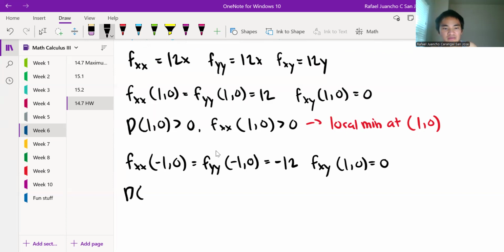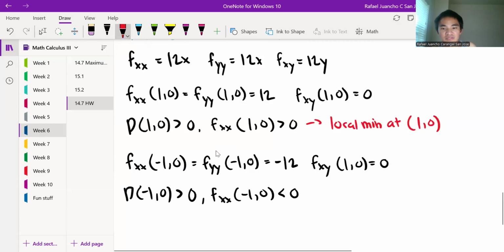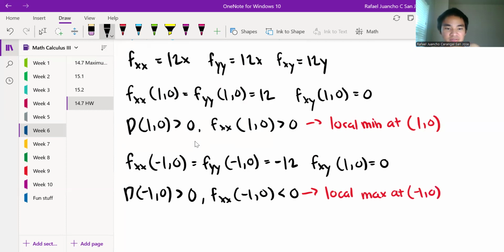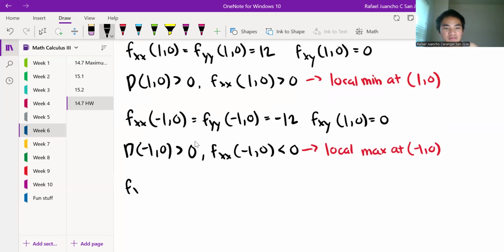So if I do my second derivative test, well, this is greater than 0, right? Because negative 12 times negative 12 is, again, 144 minus 0, so that's greater than 0. But then my fxx is actually less than 0. And so that means this is a local max at this particular point in my quadric surface.